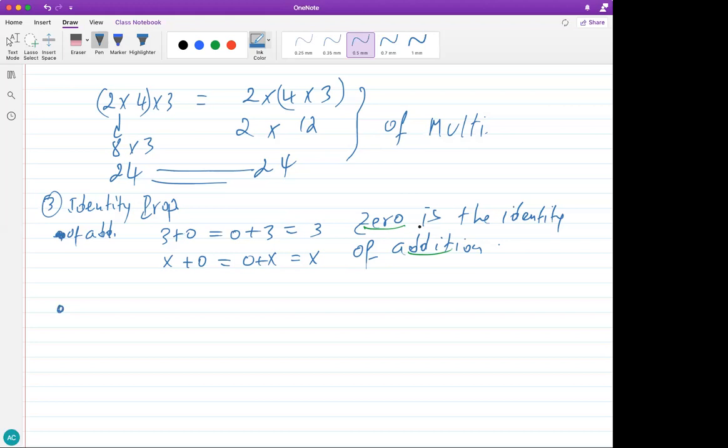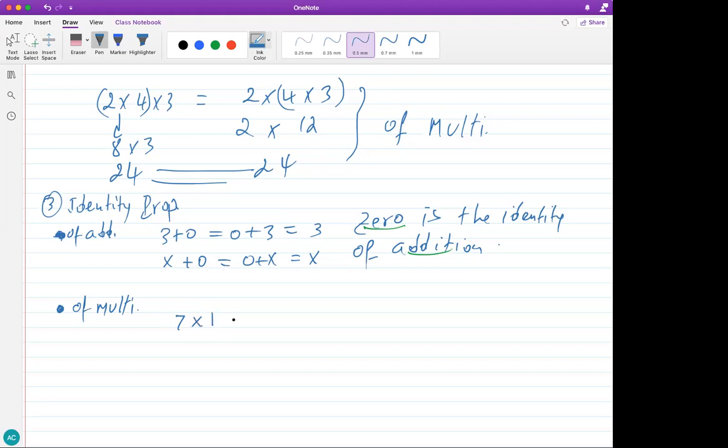If 0 is the identity of addition because it does not change the addition, what do you think the identity of multiplication is? What number is the identity of multiplication, or the number that does not change multiplication? You take, for example, any number times 1.